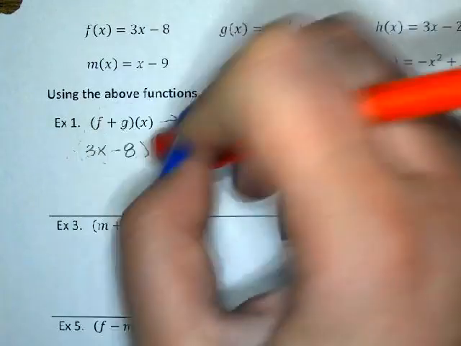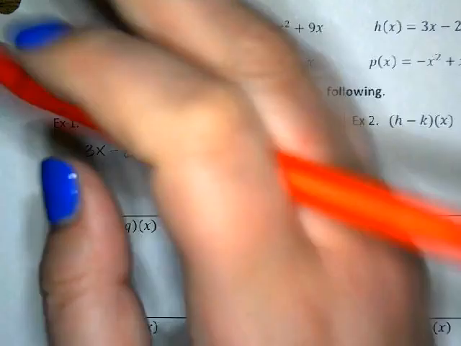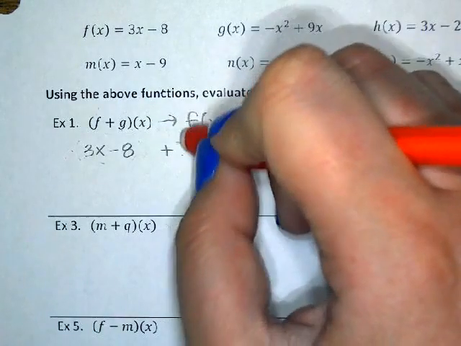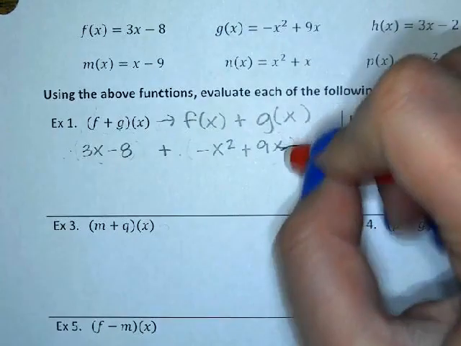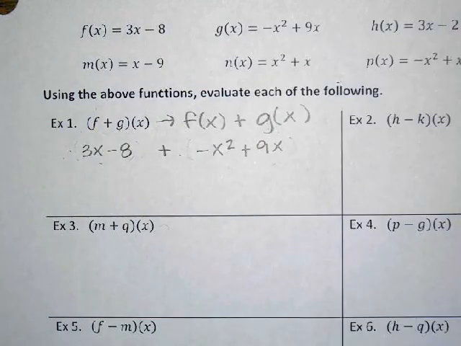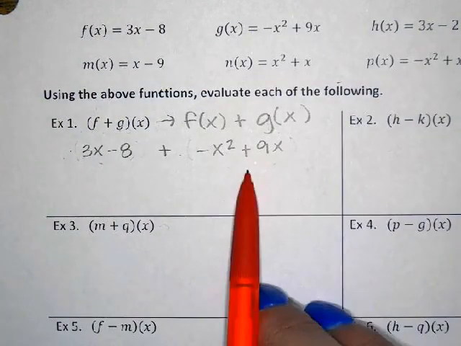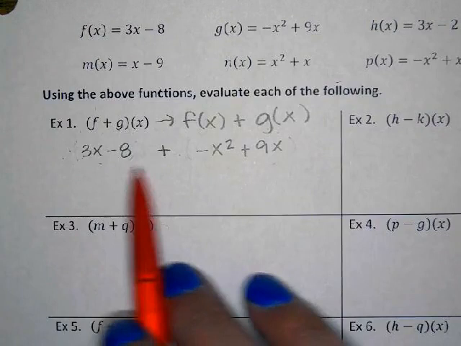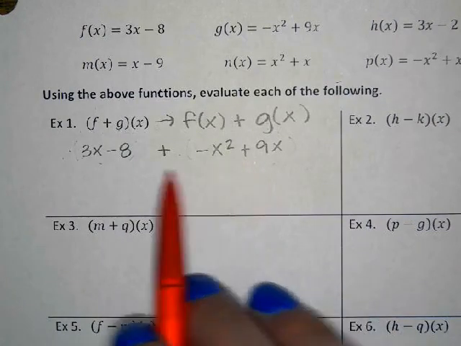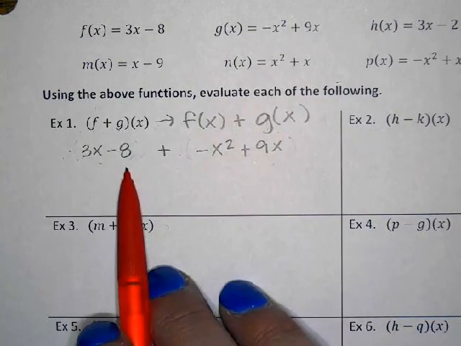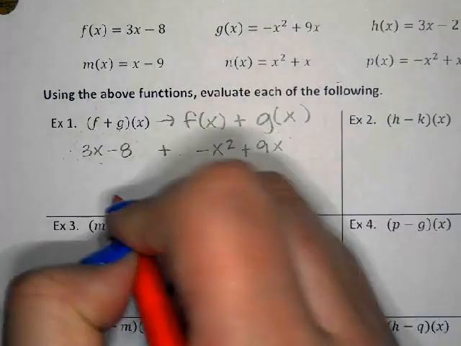And then when I add two functions together, I just combine like terms and put them in the correct order. So which of these terms do you typically write first? The x squared term usually gets written first. So I have negative x squared.